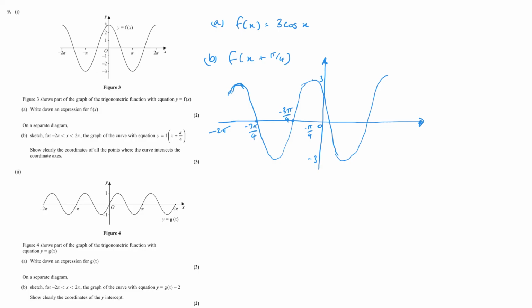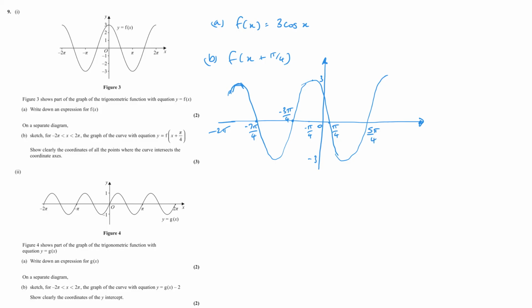And going the other way, this one here was crossing at pi by 2, it's now crossing at pi by 4, because it's pi by 2 minus that pi by 4. This one was crossing at 3 pi by 2 minus pi by 4 is 5 pi by 4.